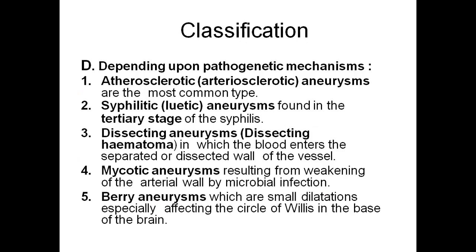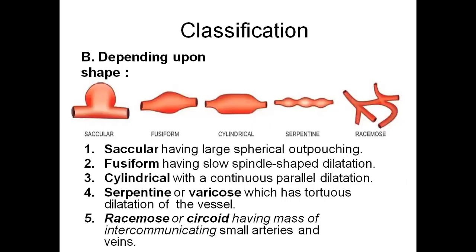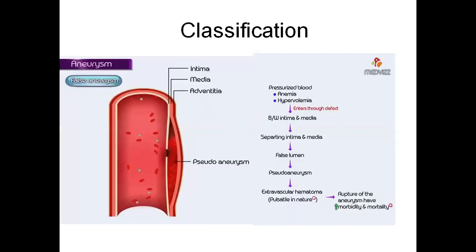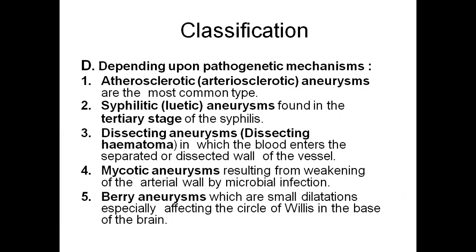If you want to understand this, let's go back to this diagram, where it was shown that the development of a false aneurysm occurs when there is a weak spot in the vessel wall and the blood rushes through that weak wall, separating the intima layer from the media. Then there is a false cavity which has been created. So this one is the dissecting aneurysm, which would be of a pulsating nature.